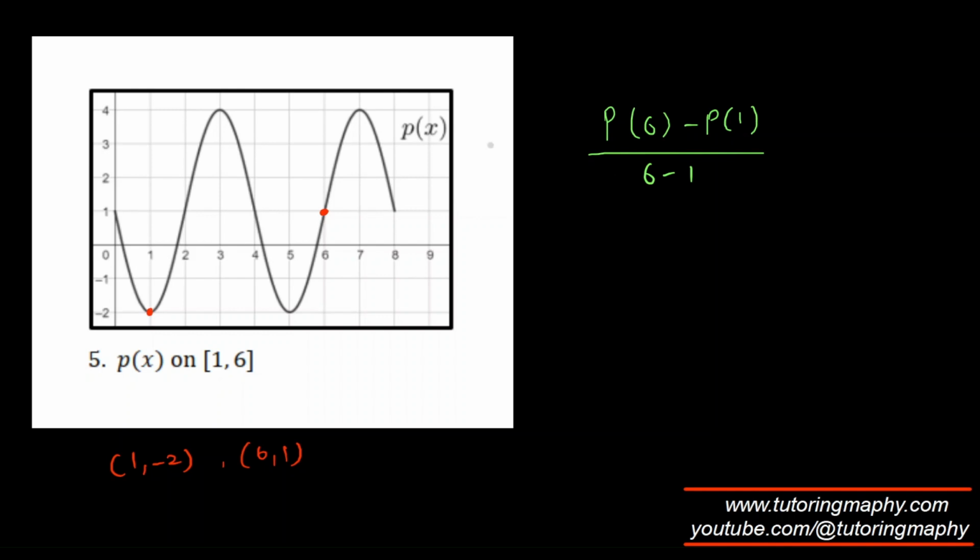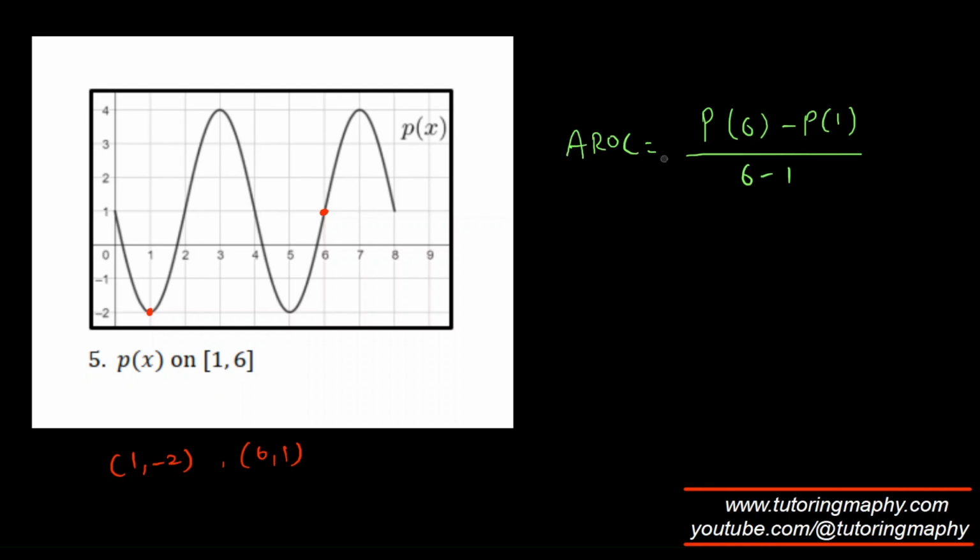And after all, what is P of 6? It's just the y coordinate. And P of 1 is the y coordinate at x equal to 1. So P of 6 is the y coordinate, which we know as 1. P of 1 is the y coordinate, which we know as minus 2. 6 minus 1 is 5. So this will be 3 over 5. That is the AROC.